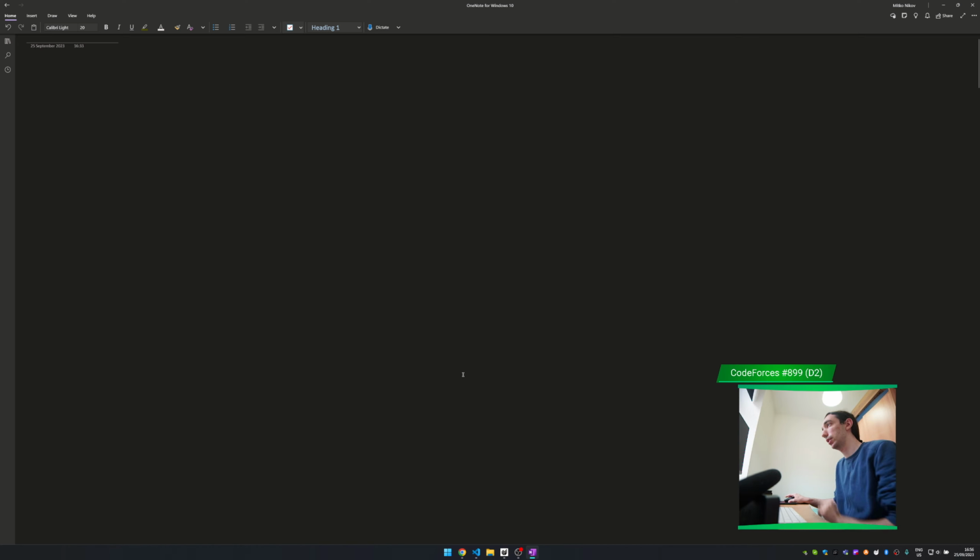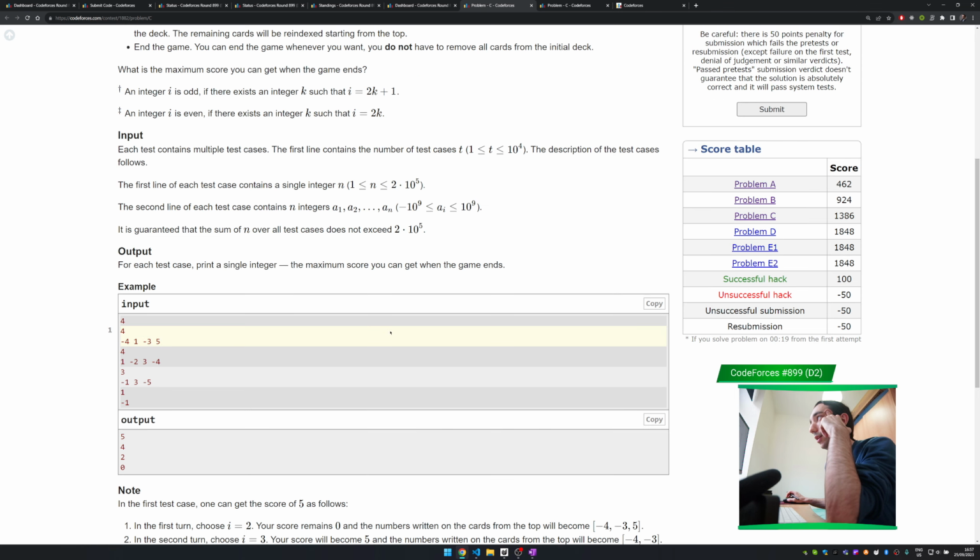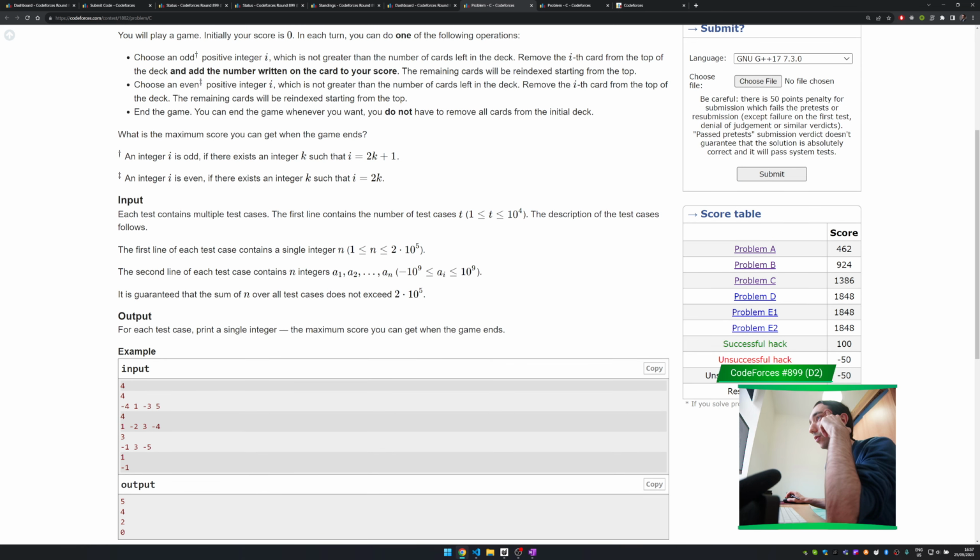It happens such that when I remove a card, all of the... In the first turn, you choose i=2, your score remains 0 and the numbers written on the card top become... Second turn, you choose 3, 5, your score is 5.